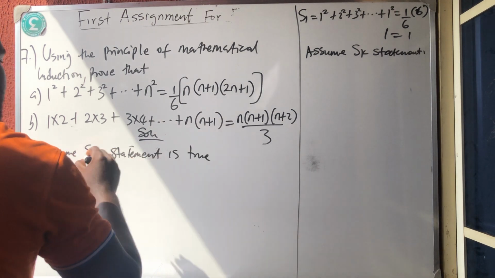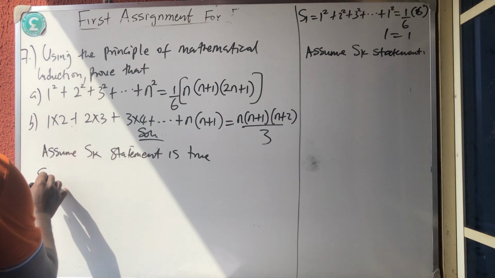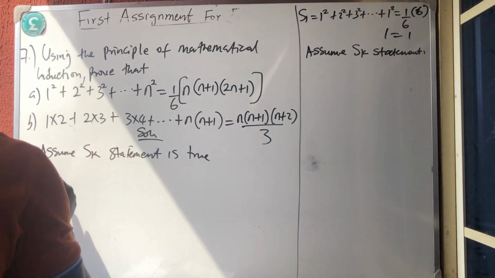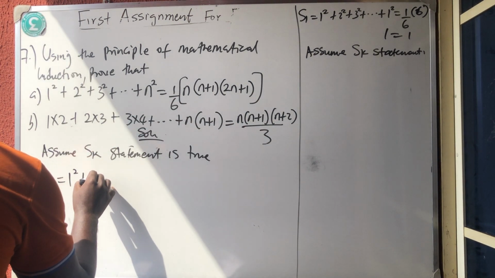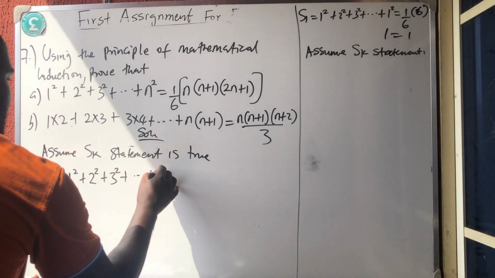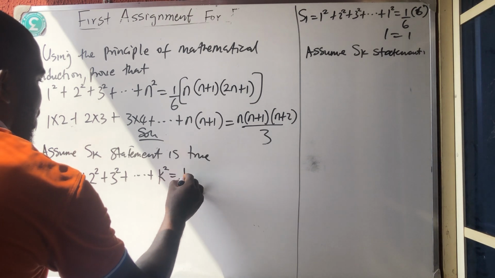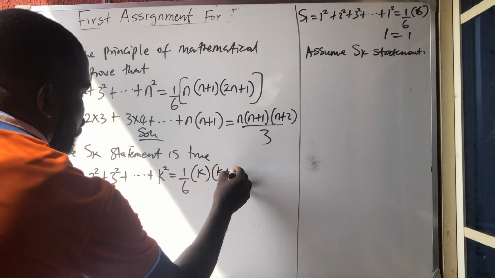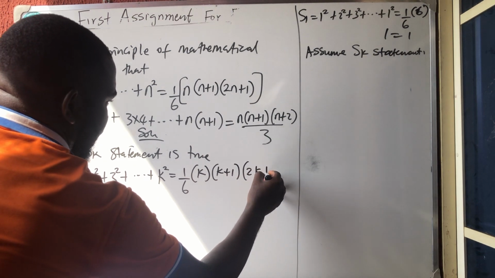It simply means SK equals, anywhere you see n again, put K. So I'm having 1 square plus 2 square plus 3 square plus ... plus K squared is equal to 1 over 6 bracket K plus 1 bracket 2K plus 1.